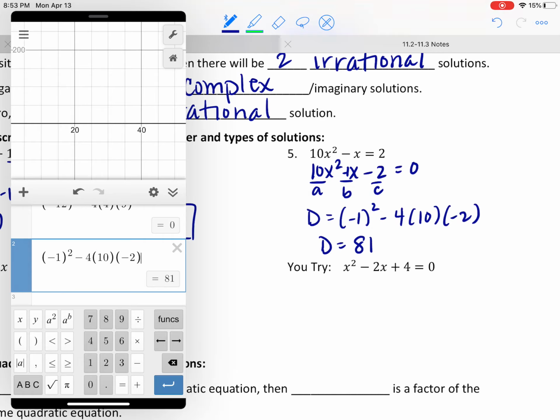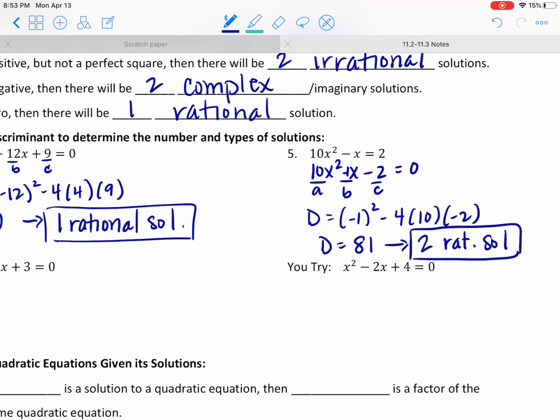So if I was solving this with the quadratic formula and I got an 81 under the square root, I would be able to take the square root of 81, get a nice 9 that I could add or subtract from whatever was in front of it. So this tells me this equation is going to have 2 rational solutions. Okay?